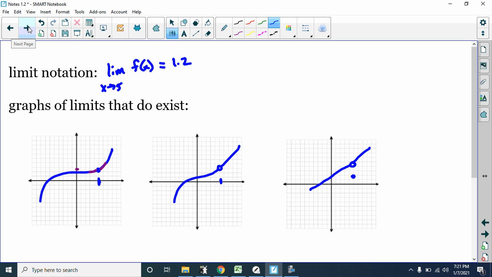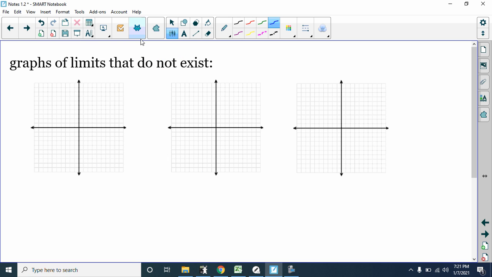I think maybe more interesting would be to look at some graphs that have limits that do not exist. One like this. As I come in from the left side, I'm coming up to one y value. As I come in from the right, I'm going to a different y value. Because those are two different y values, this is called a jump.